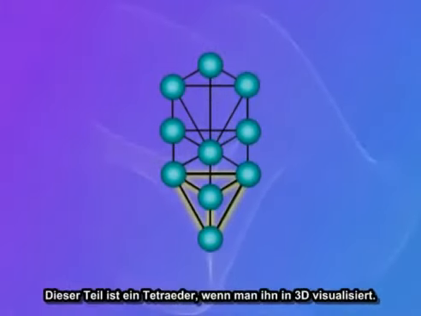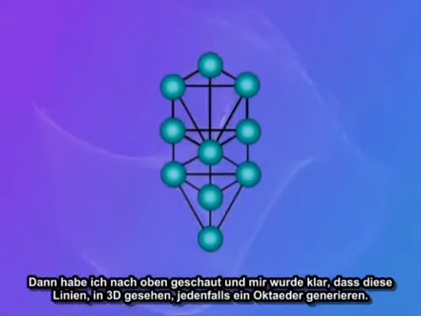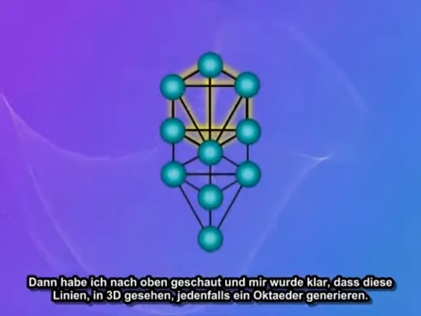Okay? This part here is a tetrahedron, if it's seen in 3D. And then I looked up here, and I realized that in 3D, those lines would generate as well an octahedron.